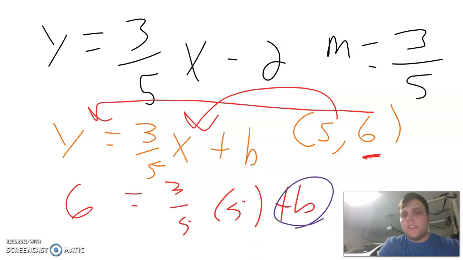So what is 3/5 times 5? Well, this is 5 over 1, and when you multiply fractions, top to top, bottom to bottom, so this top can cancel out with that bottom. Those 5s cancel out and become 1s. So you get 3 times 1 over 1 times 1. 3 times 1 is just 3.